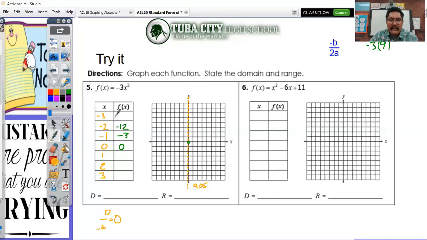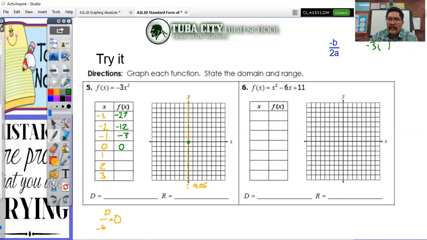And positive 9 times negative 3 is negative 27. Okay, and here I have 1. So continue the graph in both directions. And if it's symmetrical, just like the other functions that we graphed, they should have the same numbers on both sides of the table.